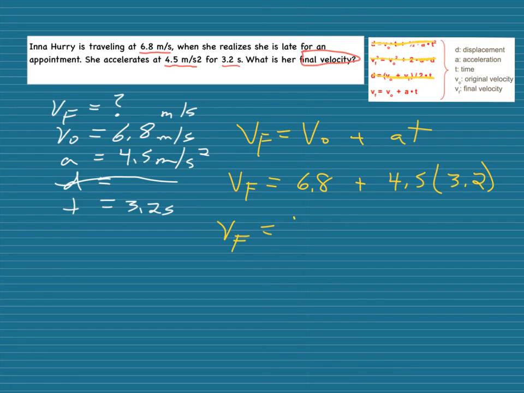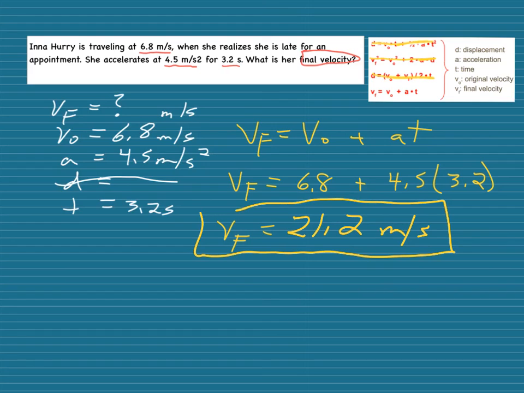My answer is going to be 21.2, and it's going to be in meters per second since it's velocity. And then make sure you put a box around your answer. Should have actually been 21.20 if I'm going 2 decimal places. And that's how you do these problems.